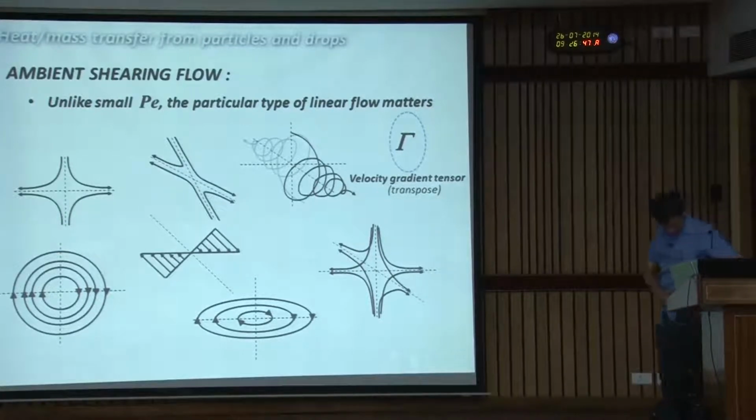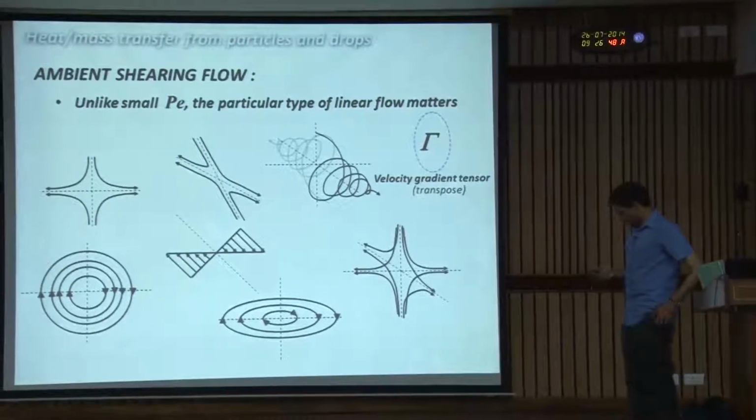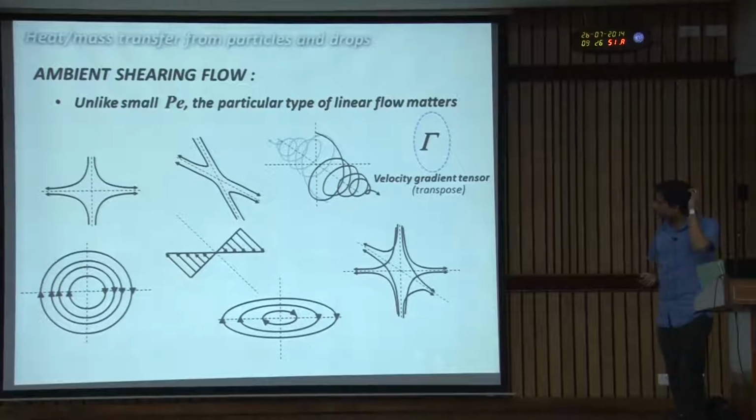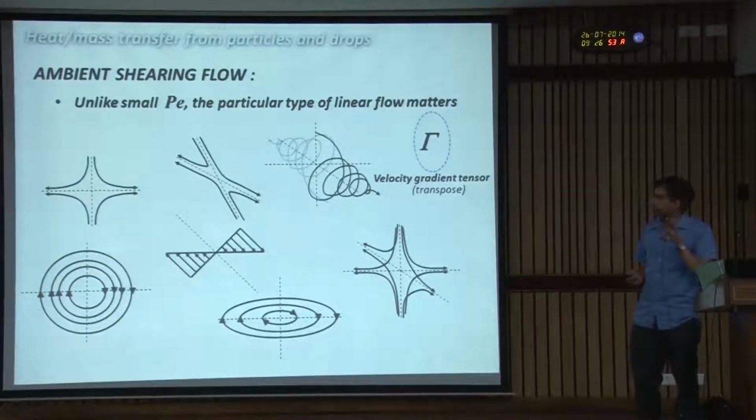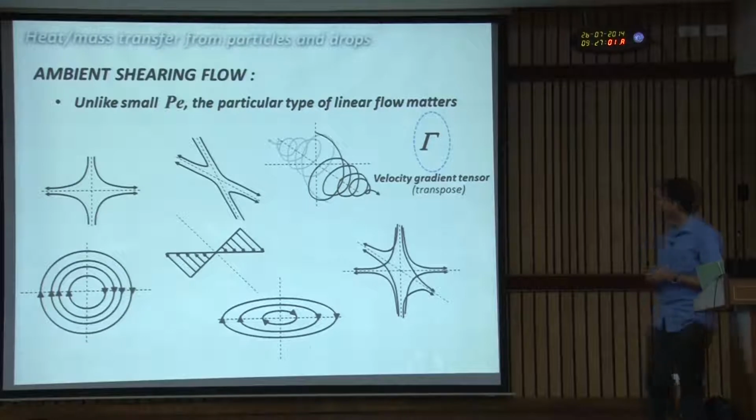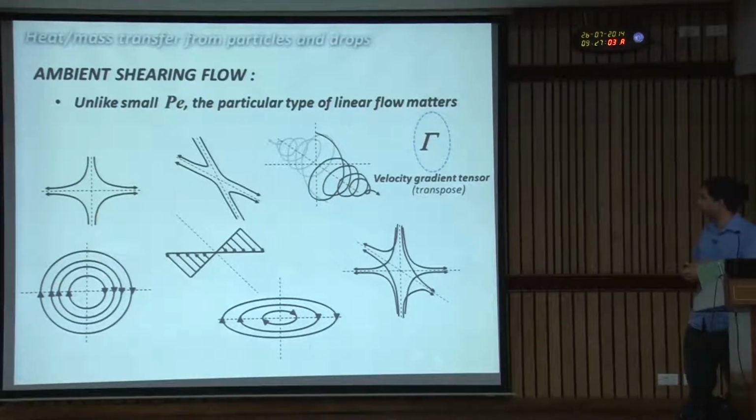So at small Peclet, the order 1 number there, which multiplied square root of Peclet, did not depend very sensitively on the type of flow. Okay, so it was just some number that we gave 2 values for, simple shear and extensional flow.